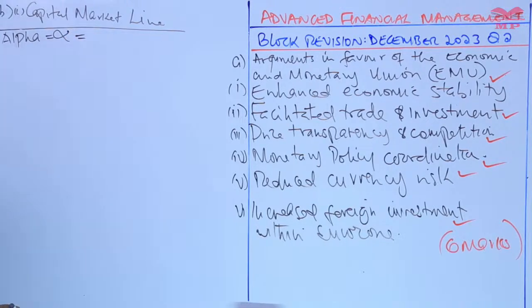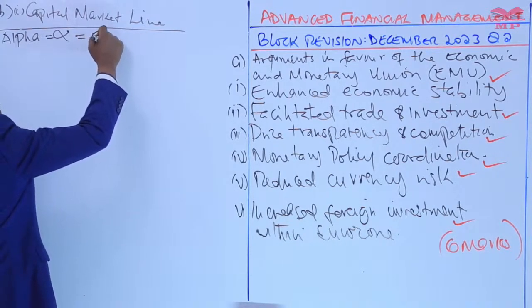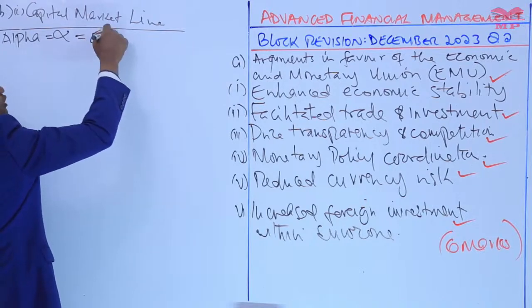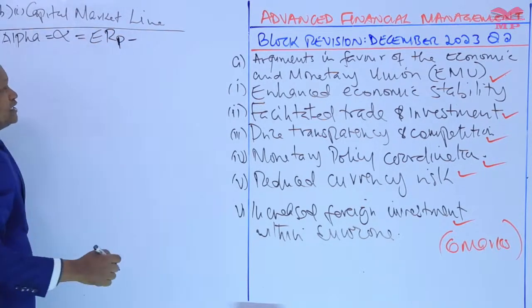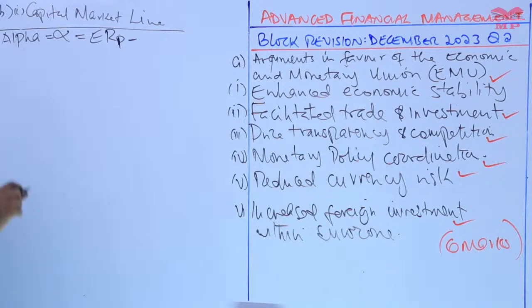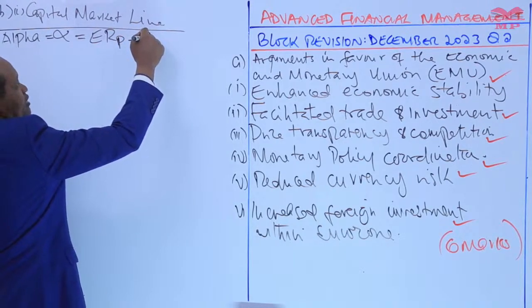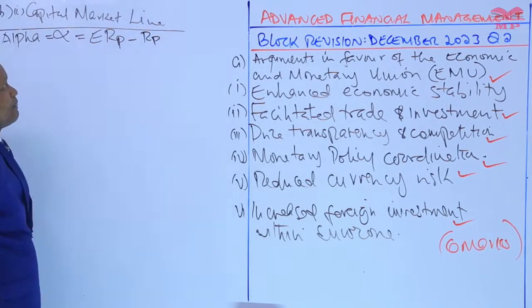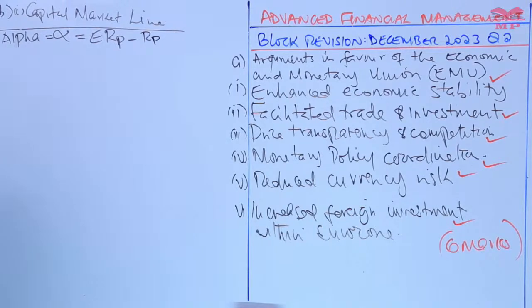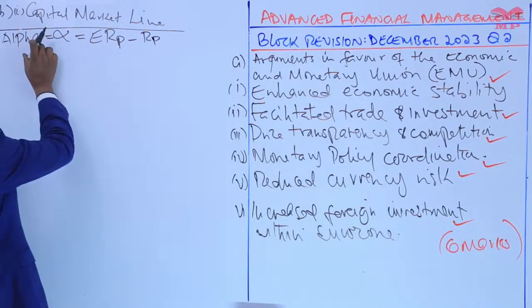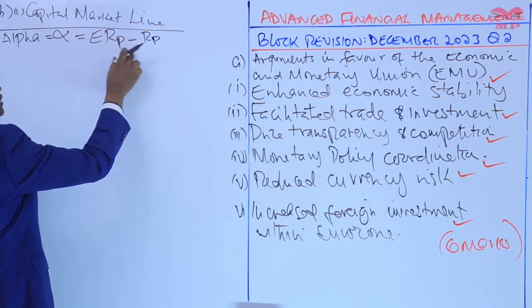Alpha is calculated as the difference between the expected portfolio return and the minimum required portfolio return. So do you understand, candidates? So alpha is the difference, and this shows the excess.